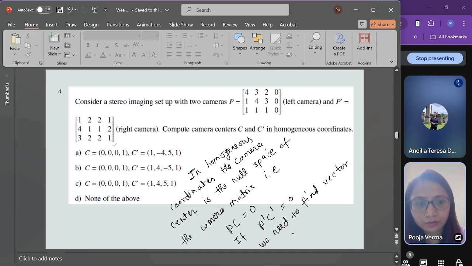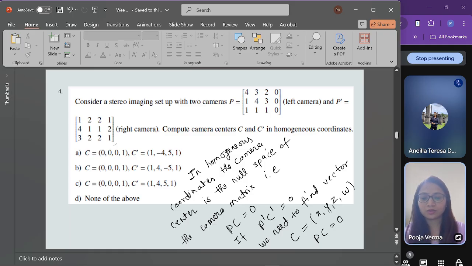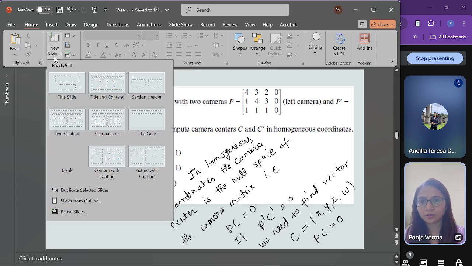To find the vector C, let's say it is in the form of X, Y, Z, W, right? Because the vectors will be there. So what we have to do is arrange it in such a way that PC must be equal to 0. So now can you just compute it?